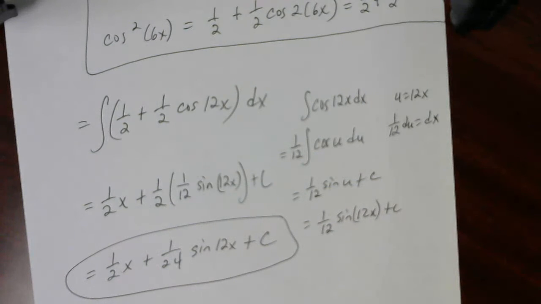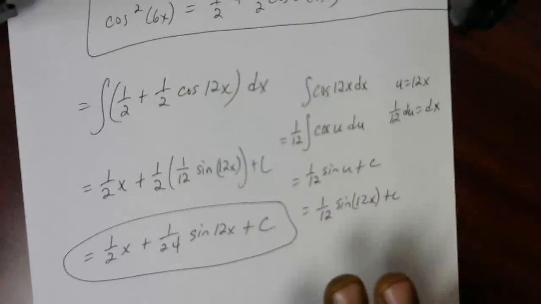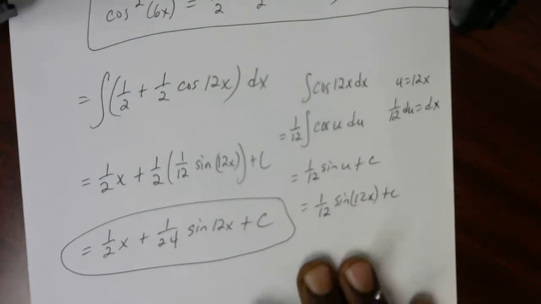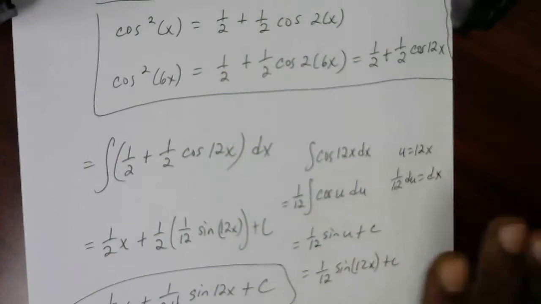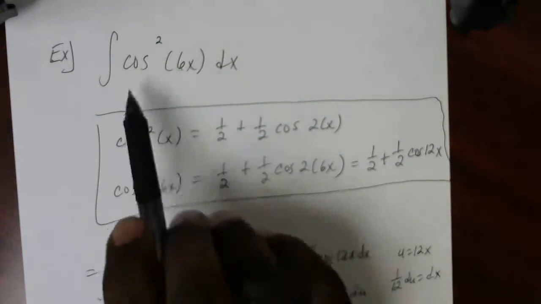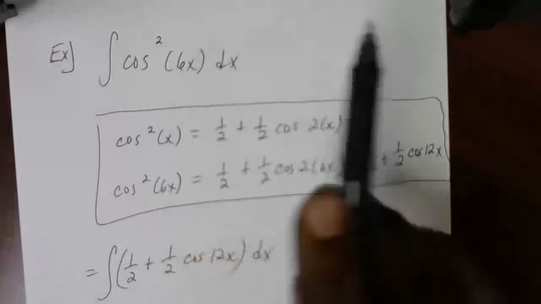All right. Okay, so we've taken a look at how to integrate sine square, kind of where that substitution comes from, how to integrate cosine square, and then how to integrate cosine square 6x.